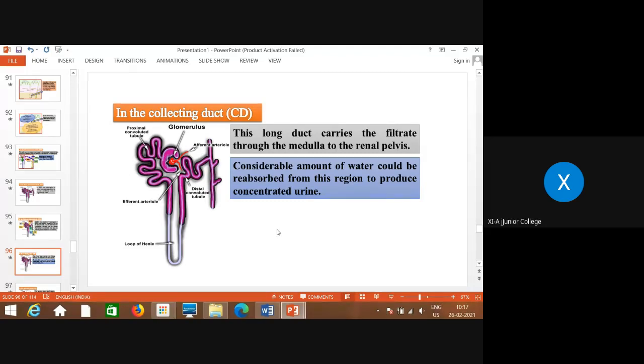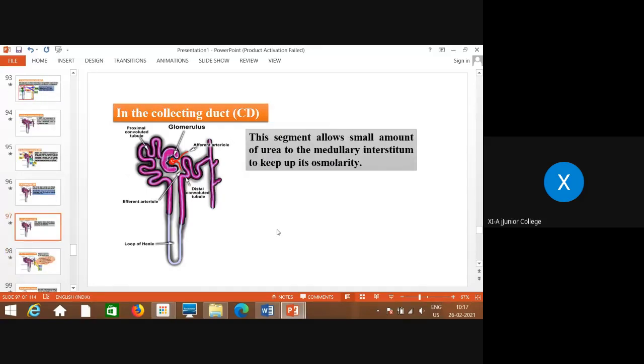Okay, so a considerable amount of water can be reabsorbed from this region to produce concentrated urine. So maximum water is reabsorbed so that the urine concentration is more, and it is very important in keeping the pH. Now one more additional thing you need to remember: urine contains urea.